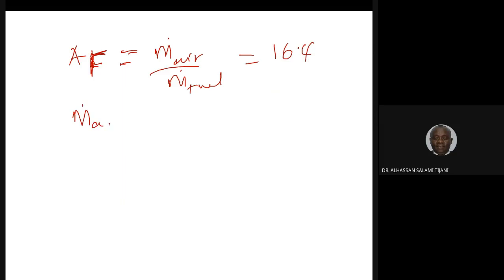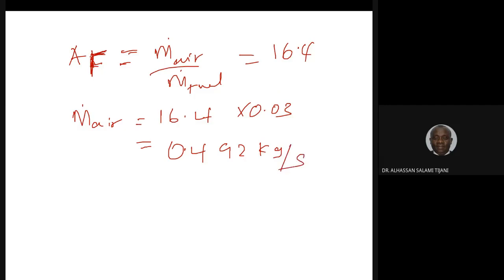Now to determine the air fuel ratio, we can define AF as the mass flow rate of the air divided by the mass flow rate of the fuel, which equals 16.4. So the mass flow rate of the air equals 16.4 times 0.03, which gives 0.492 kilogram per second.